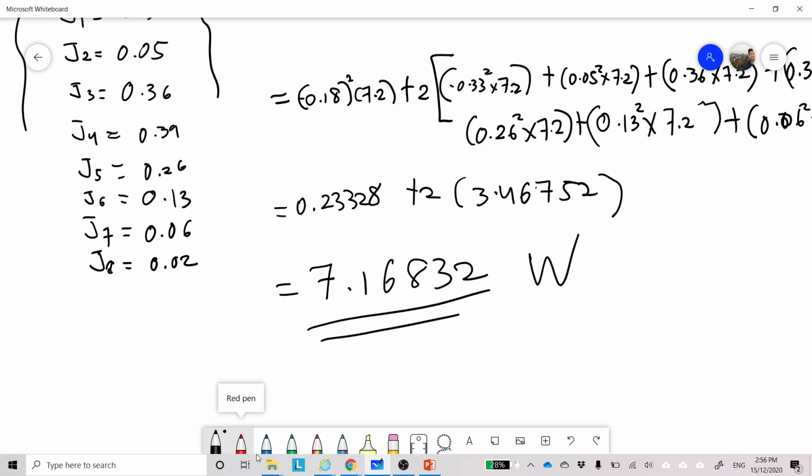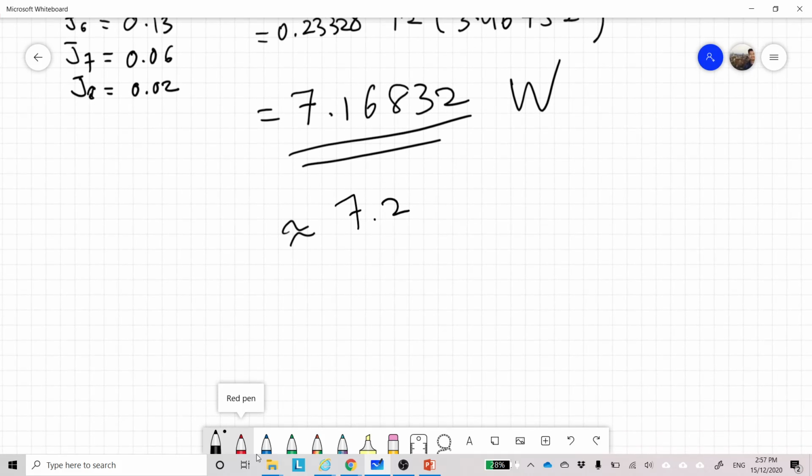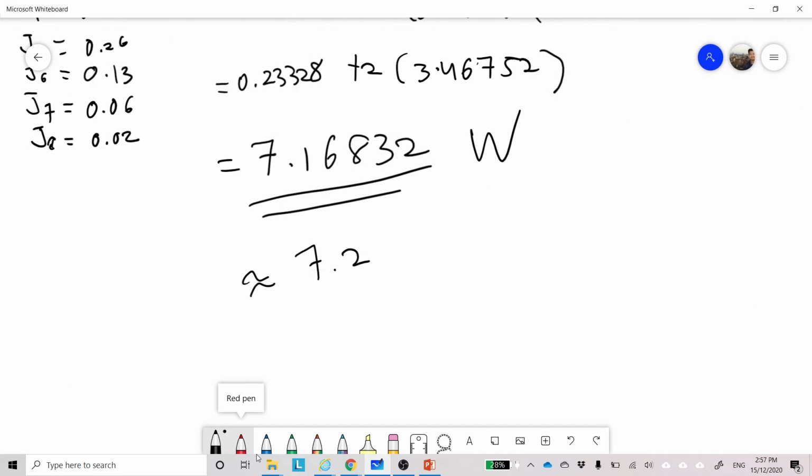Nampak perbezaan dia. So tadi kita kira PC. Okay, so this is equal to 7.2, approximately equal to 7.2, which is the PC. Okay, so the difference only a few decimal point, beberapa decimal point sahaja.